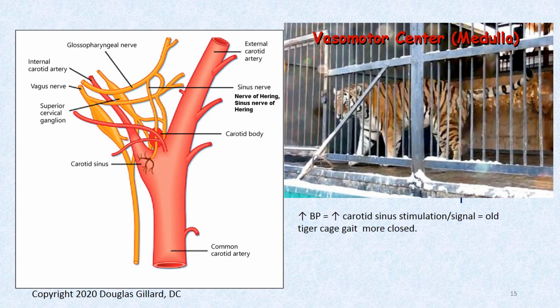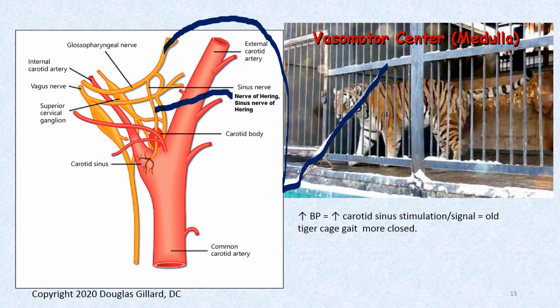Little rabbit hole. Remember the carotid sinus? I think you guys are good with this, but the carotid sinus is right at the takeoff of the internal carotid artery, and this nerve is called the nerve of Hering right here, or the sinus nerve of Hering. That dumps right into the glossopharyngeal nerve. Glossopharyngeal nerve, you can think of that as this stick pressing up against the tiger cage gate. We don't want sympathetics coming out, because that'll cause hypertension. Once the blood pressure is normal, this stick is pretty strong, and it keeps the tiger in its cage.